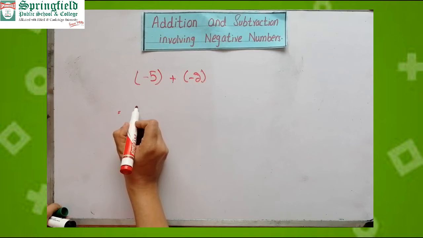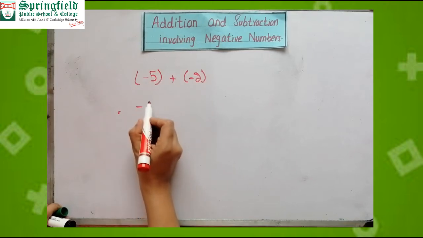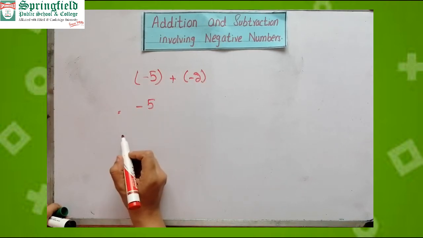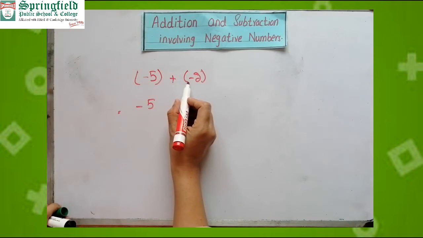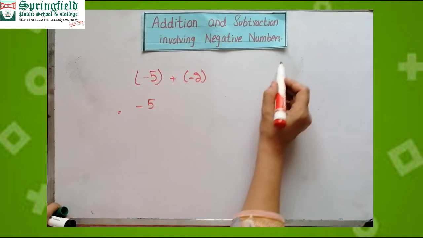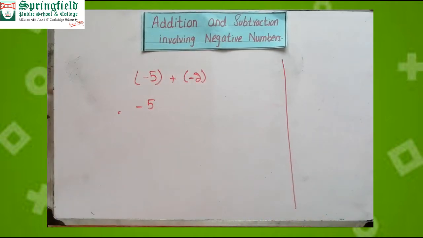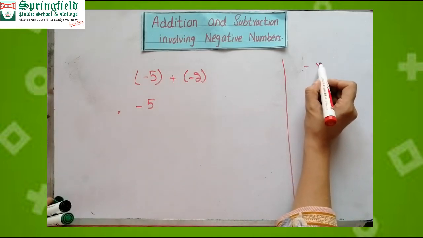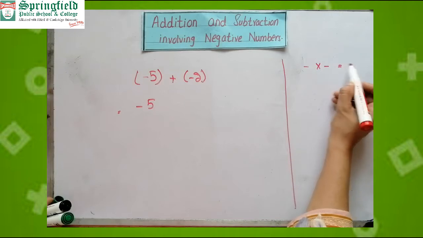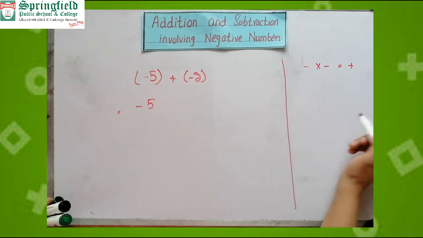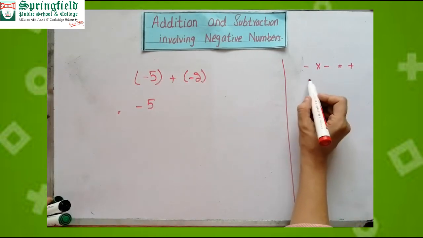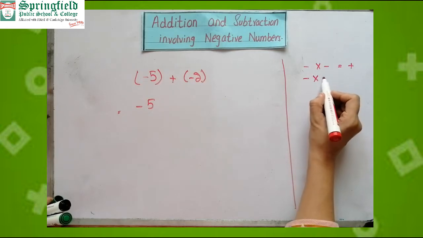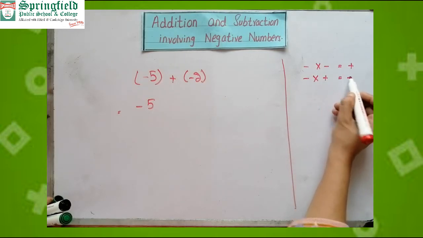Okay. Beta, keep in mind that first we will open the bracket of -5, and then again here we will open the bracket. When brackets open, there are some steps for solving addition and subtraction involving negative numbers. When minus sign multiplies with minus sign, then the value will convert into plus. And when minus multiplies with plus sign, it will become minus.